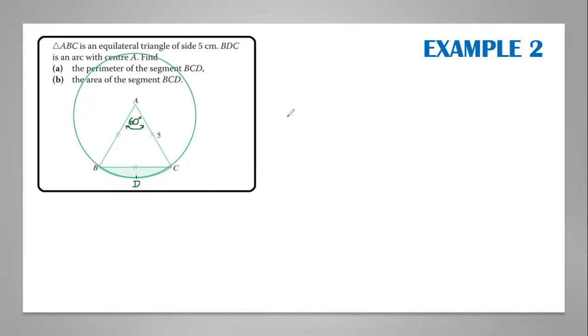The first is the triangle ABC. And the second is the sector, let's say sector ABDC.